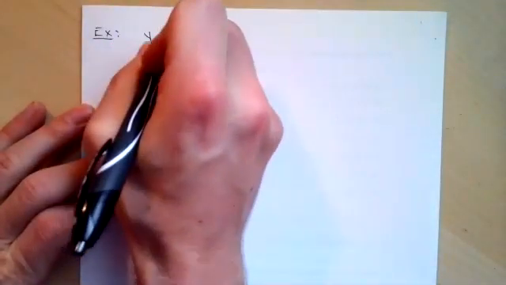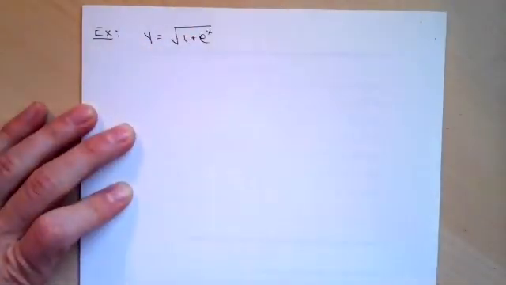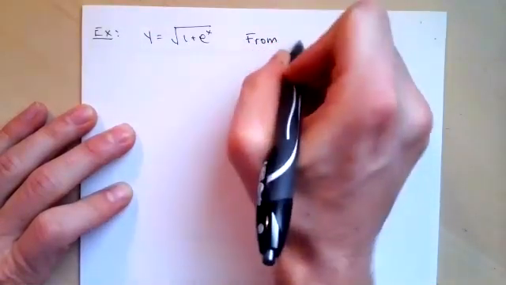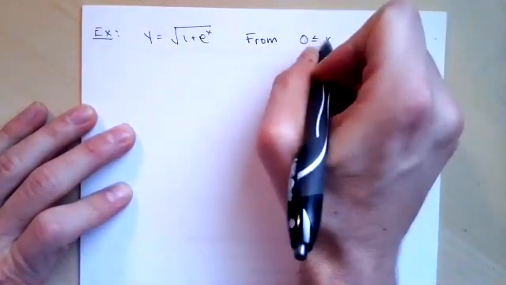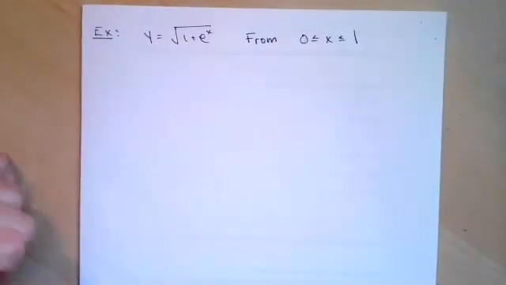So some other examples, we can have functions like y is square root of 1 plus e to the x, from x between 0 and 1. And let me double check on this one. Which way did we want to rotate?